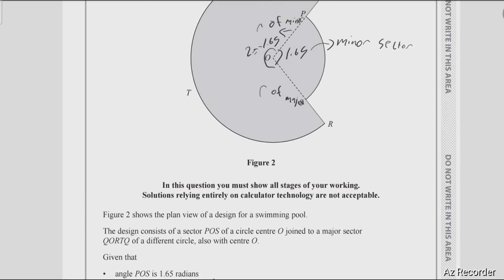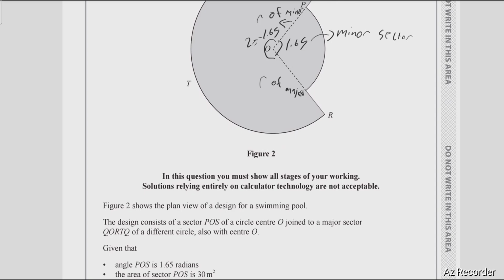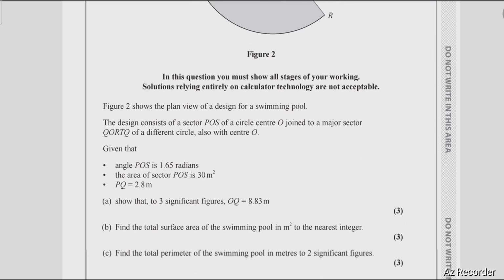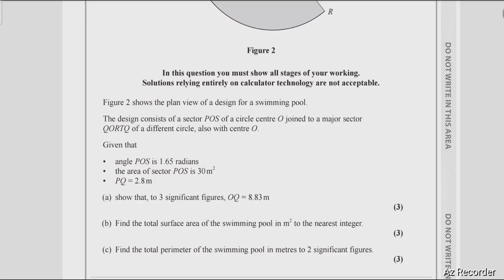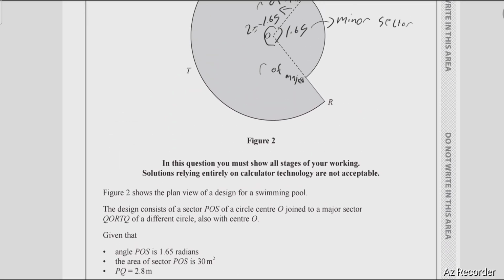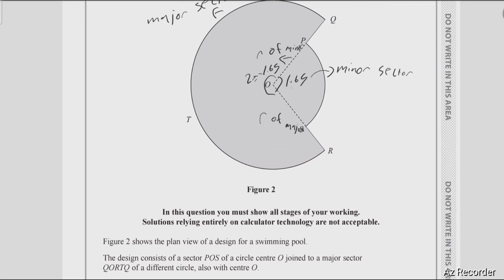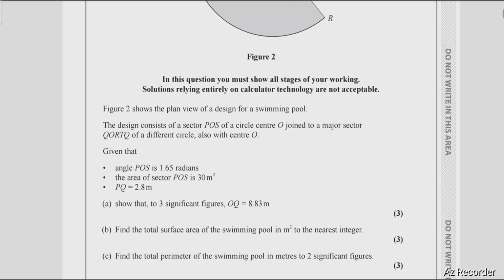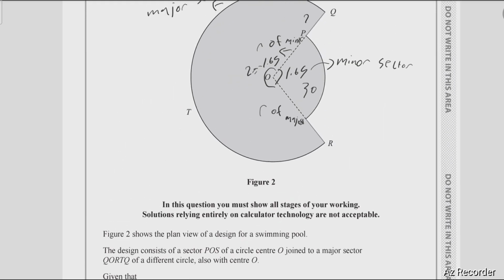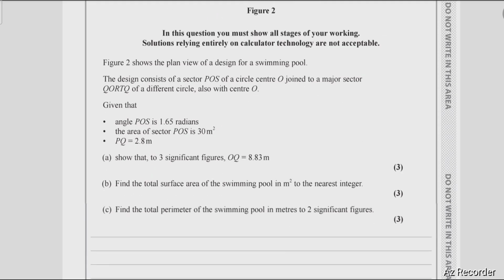That's the angle for the minor sector, and that's the angle for the major sector. The area is 30 meters. Sector POS is the minor sector, so 30. PQ is 2.8. Now, if that's 2.8, then SR must be equal to 2.8 as well.